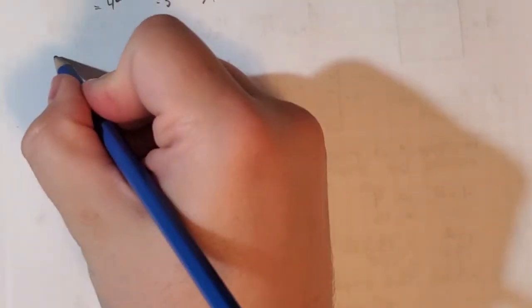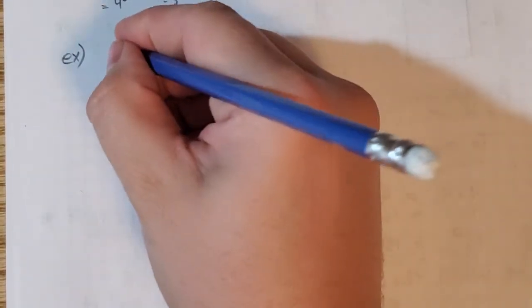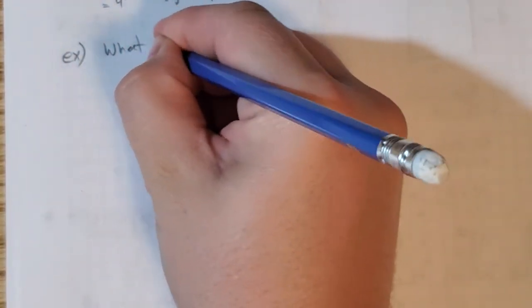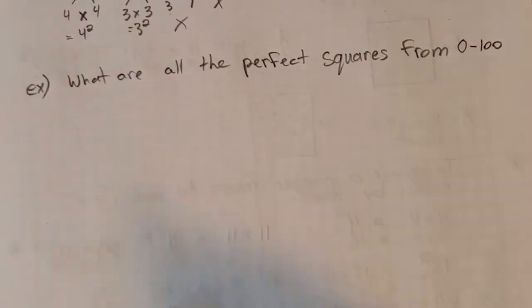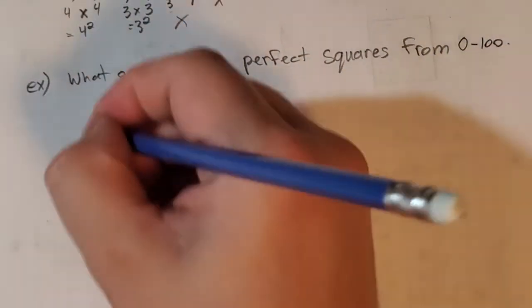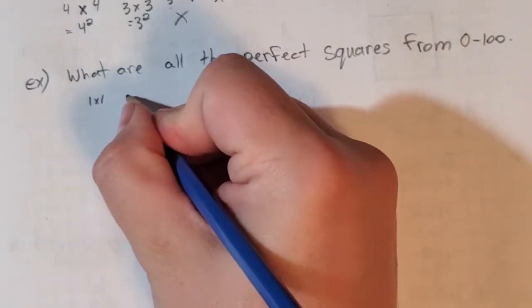Perhaps a question could say, what are all the perfect squares from 0 to 100? So let's think about this. 1 times 1 is 1.